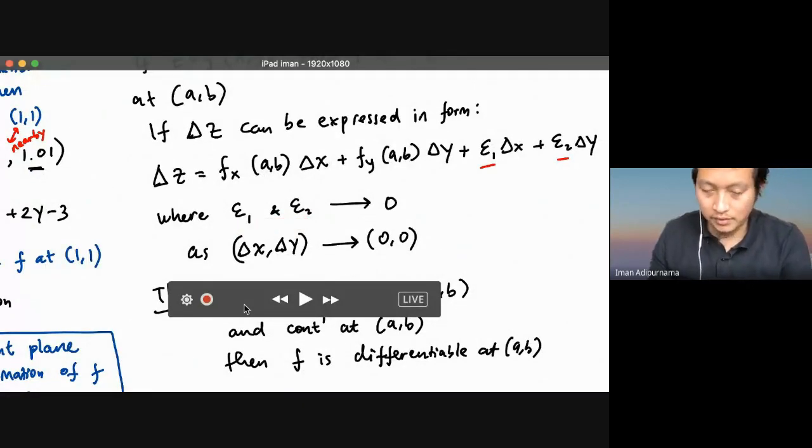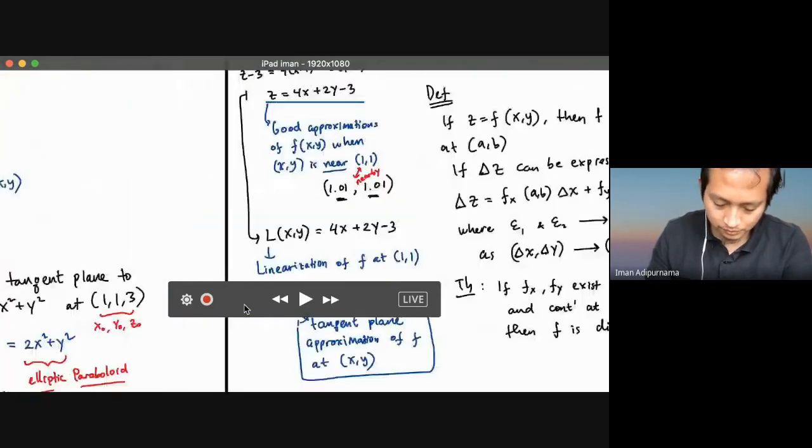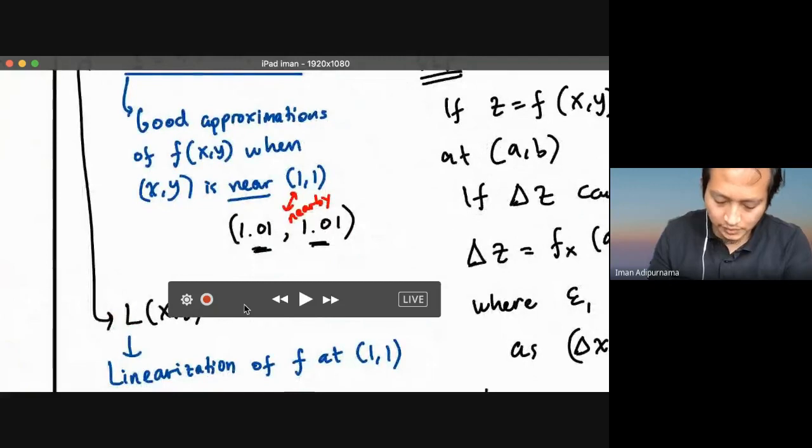So when the delta, like I said before, if it is nearby, like this one, the delta is 0.1 or 0.01, right?